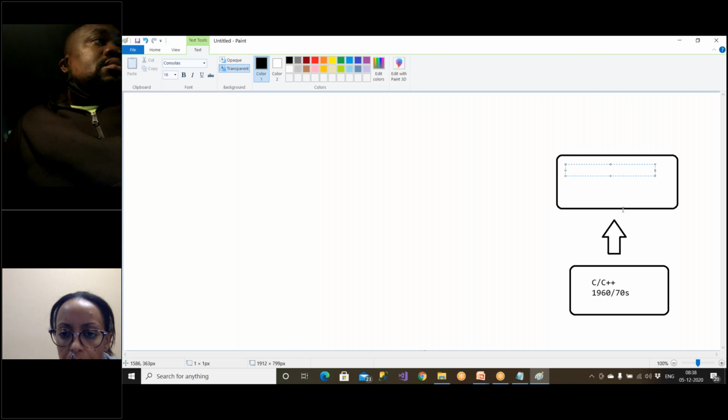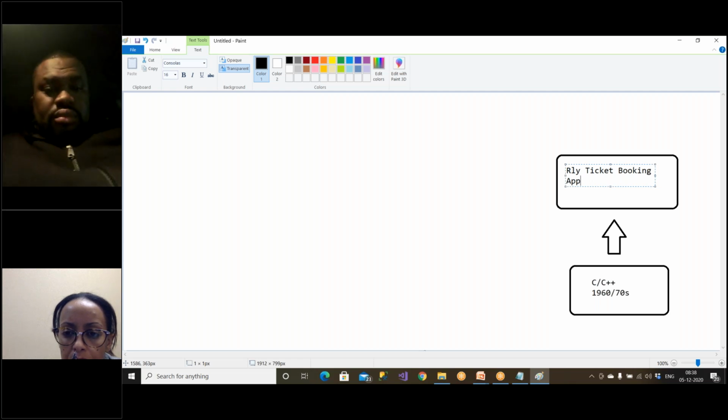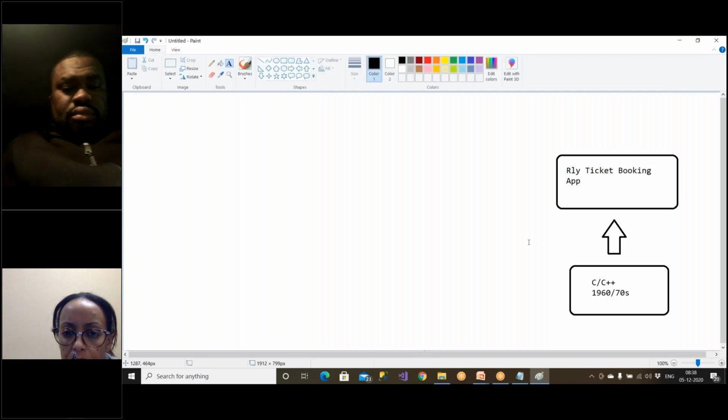Clear? So anybody can book a train ticket. So, railway ticket booking, train tickets you can book. Okay, a train ticket booking app being developed. So I think 40 years back, or 50 years back, this application was being developed.